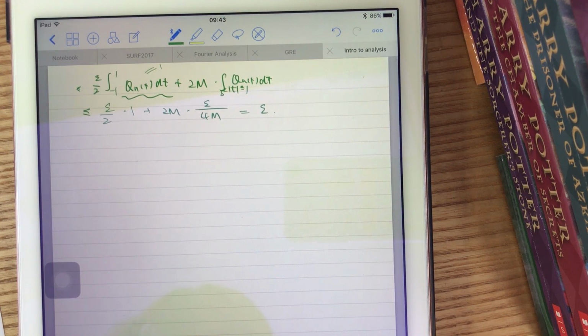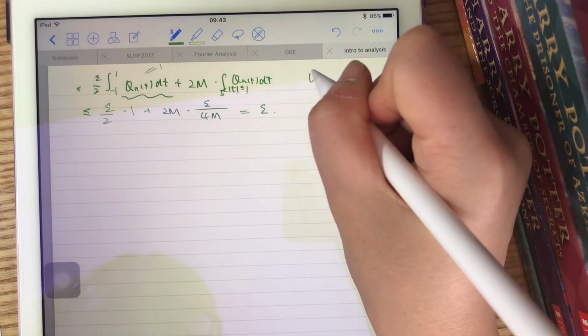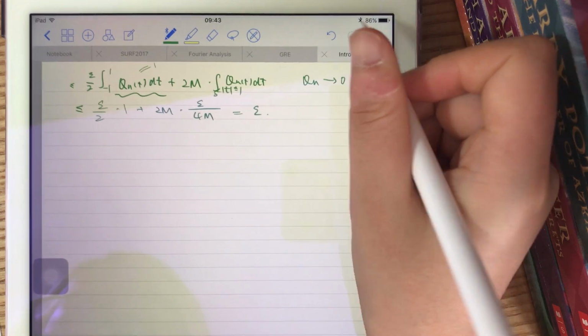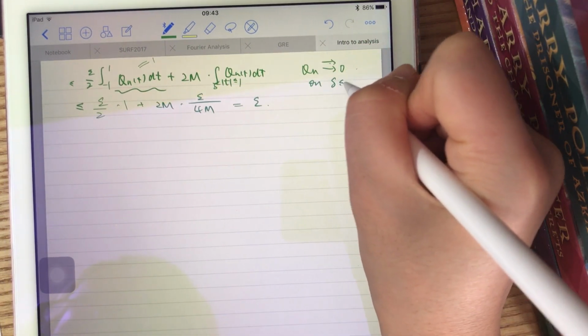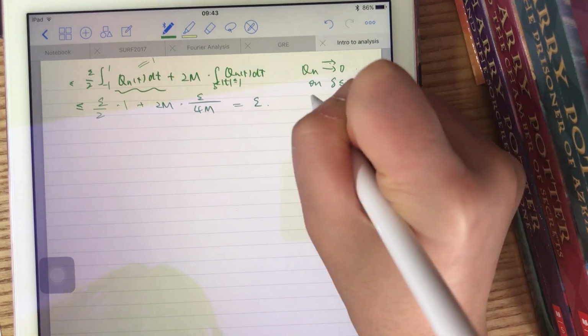Well, we can do that because qn is tending to 0 uniformly on this interval, right?